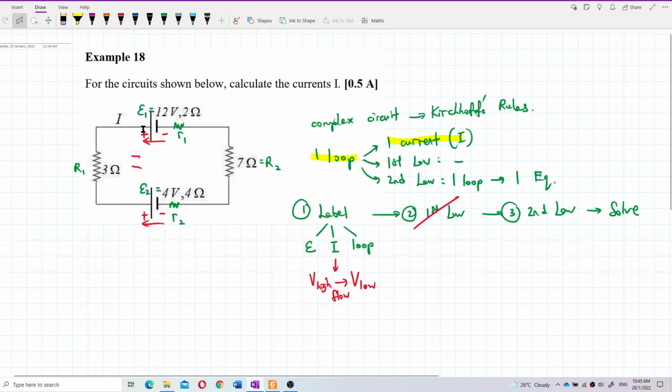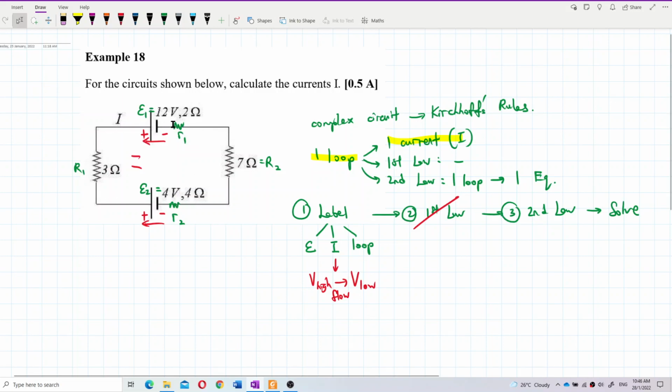We can say E1 has a bigger motor, E2 is a smaller motor, but they are driving the current in the same circuit. Since E1 is a bigger motor, of course the current will follow the bigger motor instead of the smaller motor.